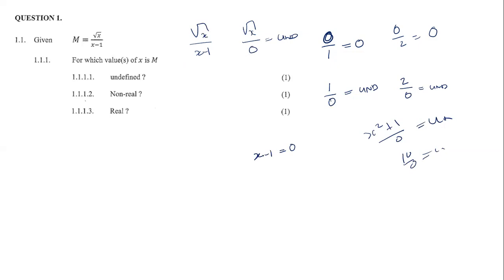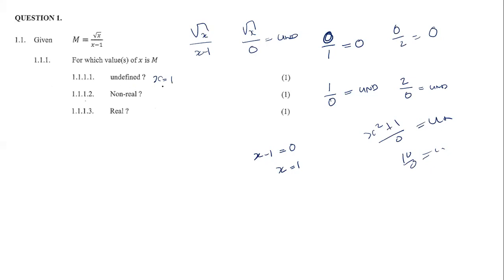Then we solve for x from this equation. So x equals, we transpose 1 to the other side of the equation, and it's going to be positive 1. So when x equals 1, this fraction is going to be undefined.